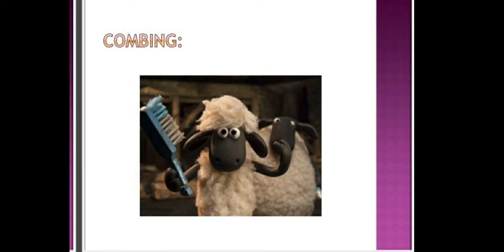It is generally done so that shorter and longer fibers can be separated out, because longer fibers are used for making sweaters, whereas those which are short are used for making woolen fabric.